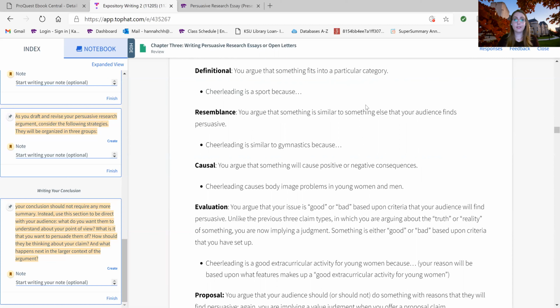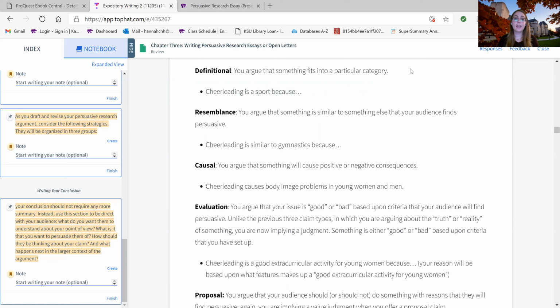So let's say, for instance, you are making an argument about a certain issue. However, that issue doesn't have much information available about it. It doesn't have many resources available about that topic or issue.